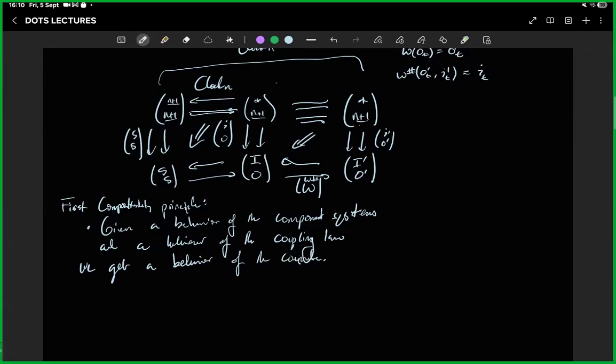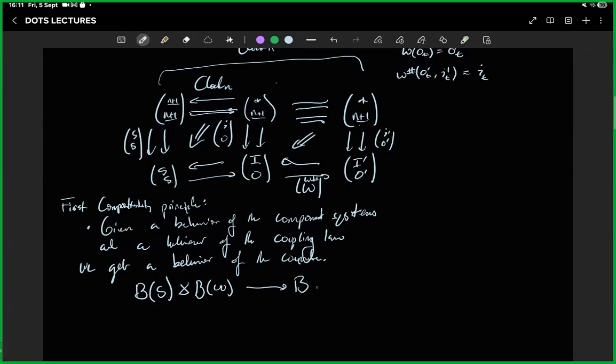So what we can say is that, given what that looks like in terms of the above thing, given a behavior of the system and a behavior of the coupling law W that agree on the interface, that makes sense, right?